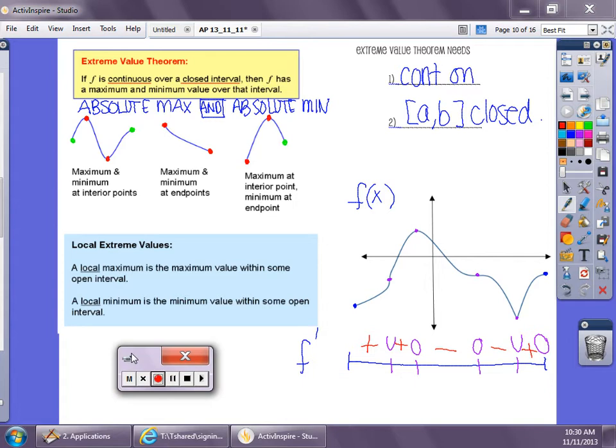Does EVT hold? So what are the two things we need? Closed. Is this guy closed? Yes. Is it continuous? Can I draw from here all the way to the end without ever picking up my pen? Yes. What are the points that you think about when you talk about continuity?